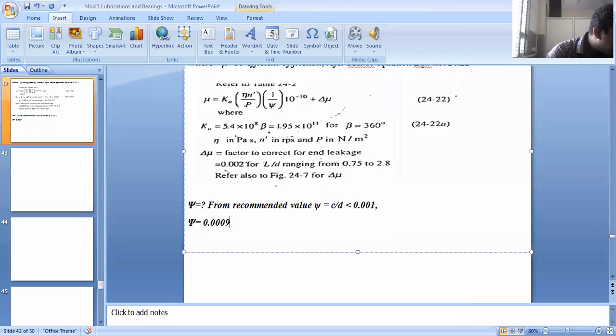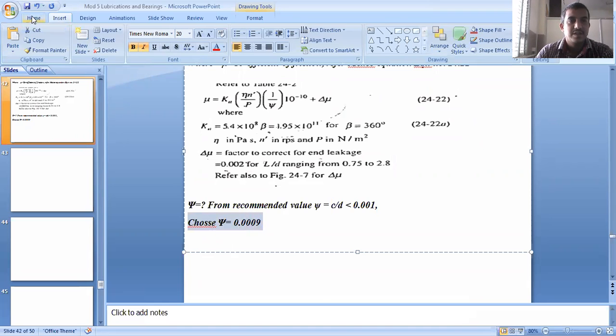Any value less than 0.001 can be considered. Now choose xi value as 0.0009, which is less than 0.001. Clear?